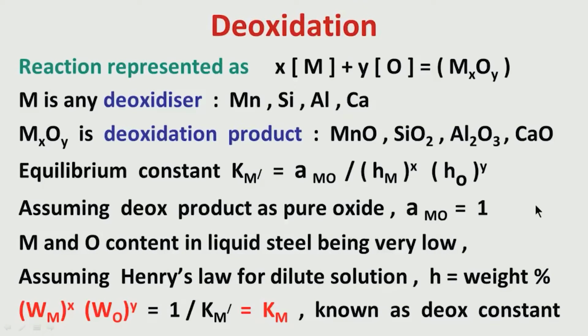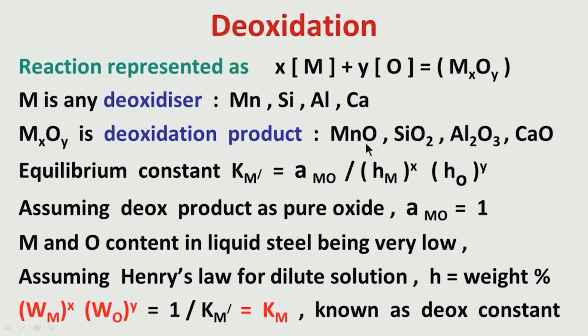So, the activity of this oxide we can take as 1, and since the element M and the oxygen in liquid steel are very low in content, we know from basic thermodynamics that if you assume Henry's law for dilute solution, then the activity h can be taken as equal to weight percent, because it is much less than 1 weight percent.